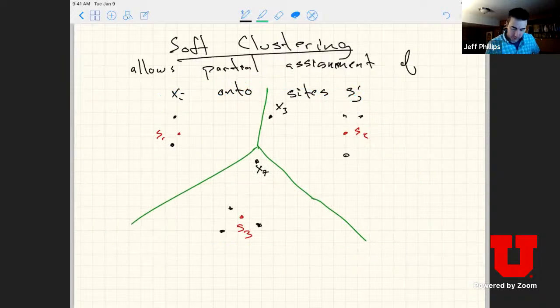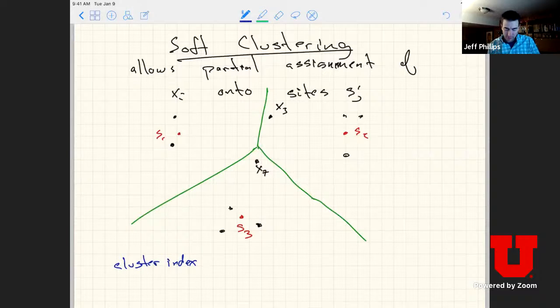Okay, so I want to think about how we would store this in a computer. If we were to implement this assignment-based clustering, the way I would implement it is as just an array, a cluster index array.